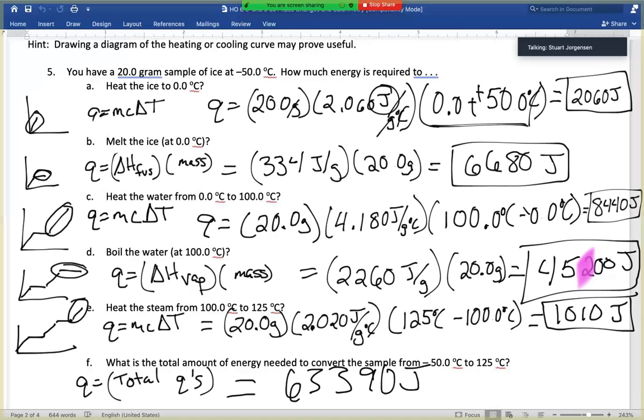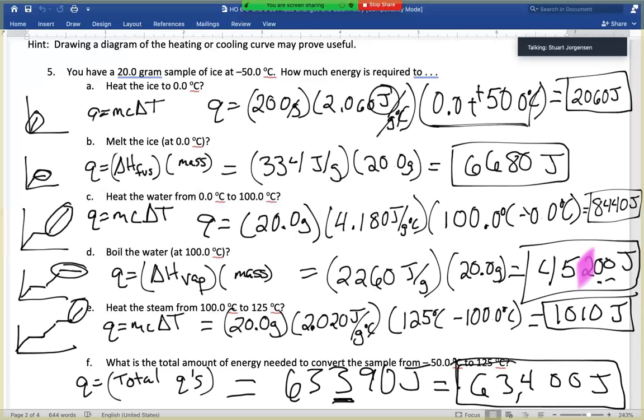These 2 zeros are just placeholders telling us the thing we measured was really big, which means we have to round to that same place. We're going to have 63,400 joules total.